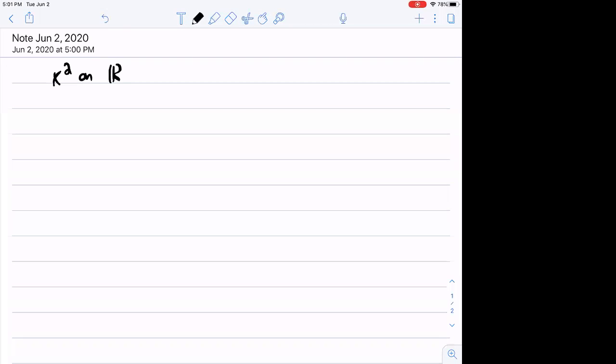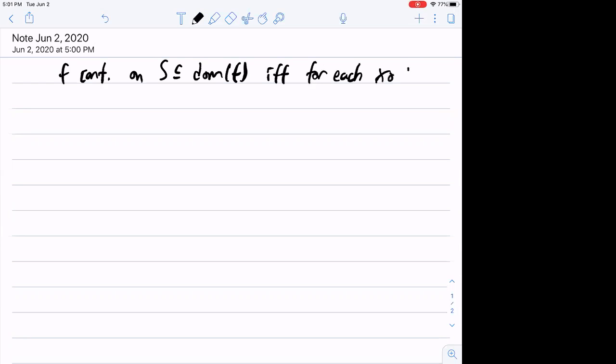So before that, let me erase this. Let me define what continuity is and uniform continuity. So let's define continuity first. F is continuous on S, obviously S has to be in the domain of F, if and only if for each x naught in S and epsilon bigger than 0, there exists delta bigger than 0.